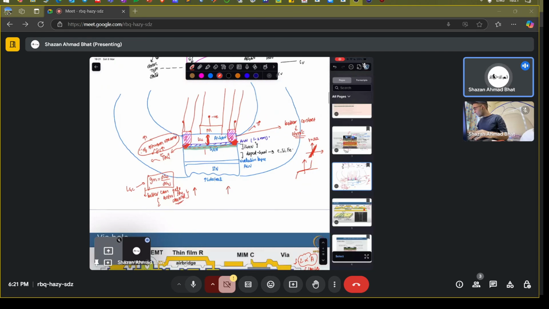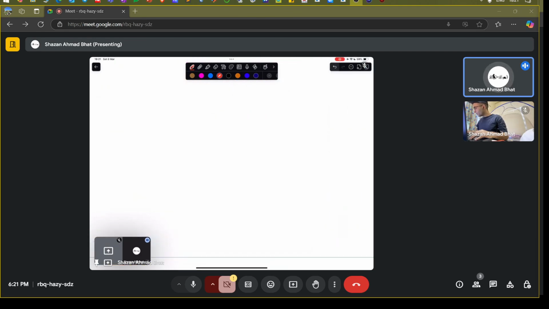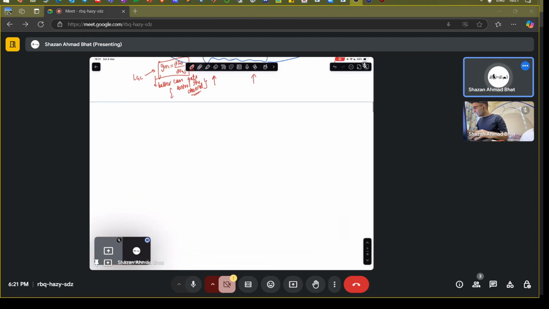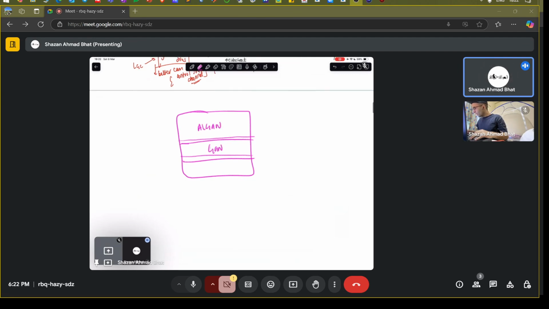So if you talk about this device here, if I add one more page, let's say you have a device where this is the substrate, this is aluminum nitride, gallium nitride, aluminum nitride, and this is AlGaN. So this is AlGaN, and this is GaN. And other layers you know.